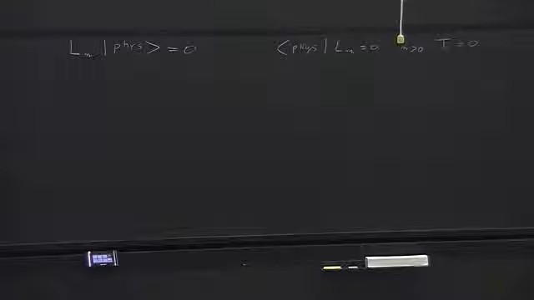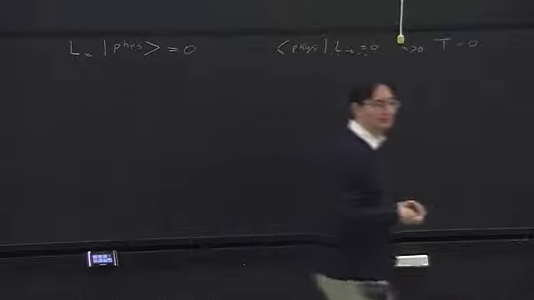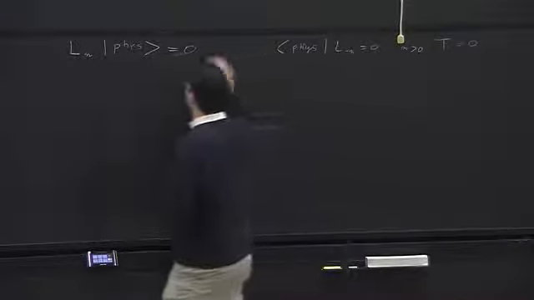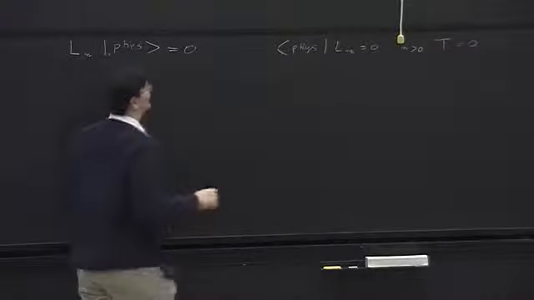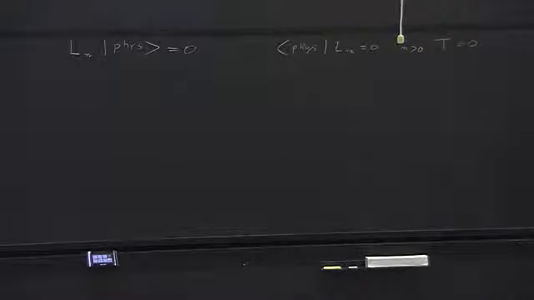If you do that, then the expectation value of the stress tensor, at least between physical states, is going to be 0. Because the modes of the stress tensor are going to kill either the physical states on the right or the ones on the left of your expectation value.